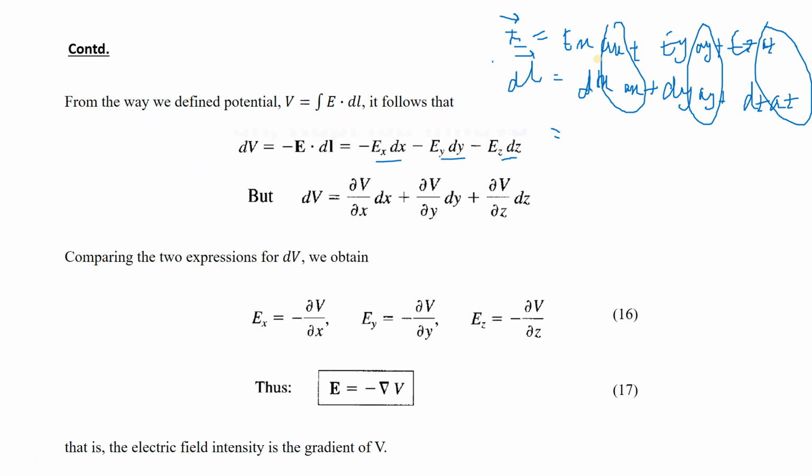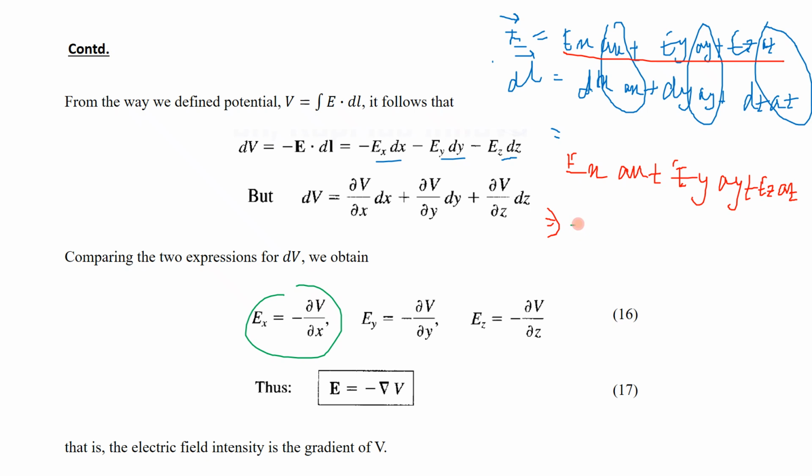Why? Because if you compare this equation, suppose in this equation we have Ex unit vector x plus Ey unit vector y plus Ez unit vector z. Now if you take this equation and replace, what do you write?